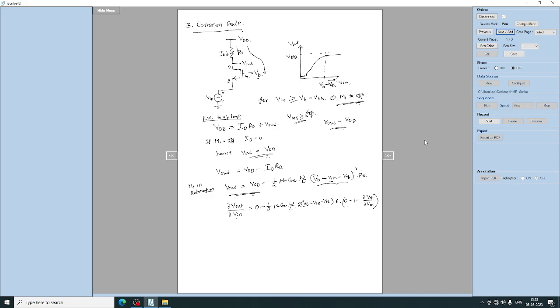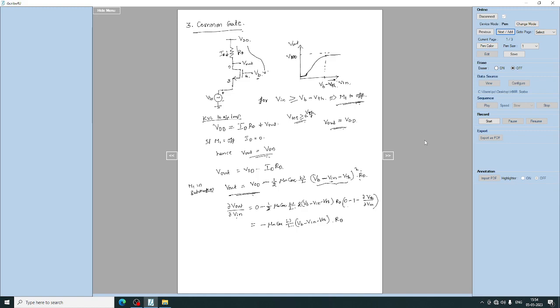Solving this further, the two gets cancelled. You have minus mu n COX W by L into (VB minus V in minus VTH) into RD.